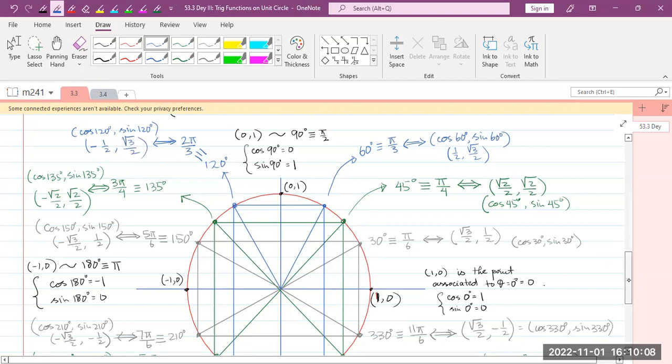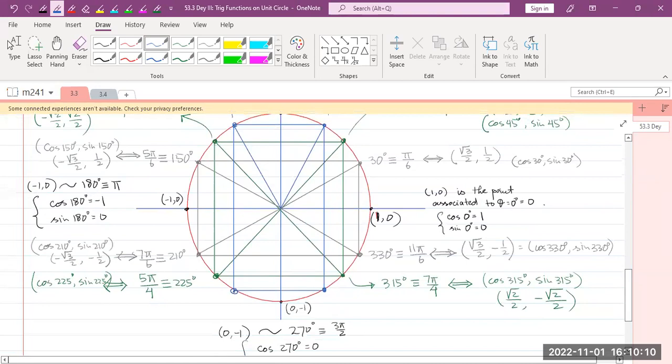Okay. Let's go on. This guy here, the reference angle 60 degrees in quadrant 3. So the angle must be 180 degrees plus 60, that's 240 degrees. That corresponds to 4 pi over 3 in radian. And the coordinates will be cosine 240 degrees, sine 240 degrees.